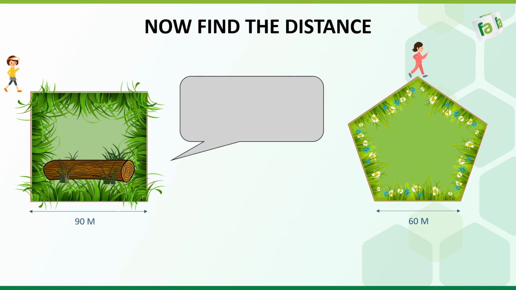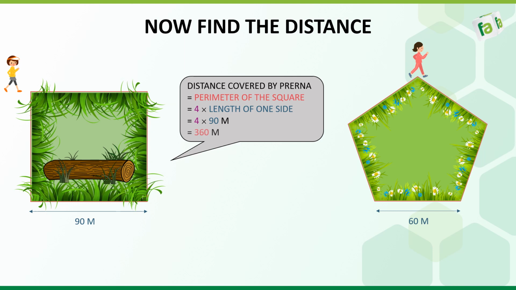The distance covered by Prerna is equal to perimeter of the square, which is equal to 4 multiplied by length of one side, which is equal to 4 multiplied by 90 meters, which is equal to 360 meters.